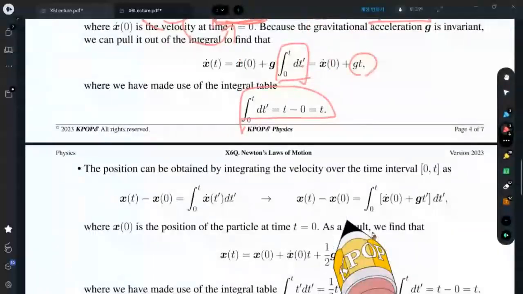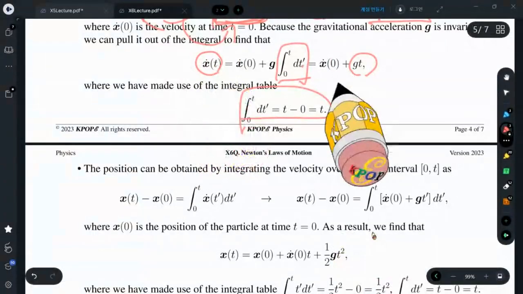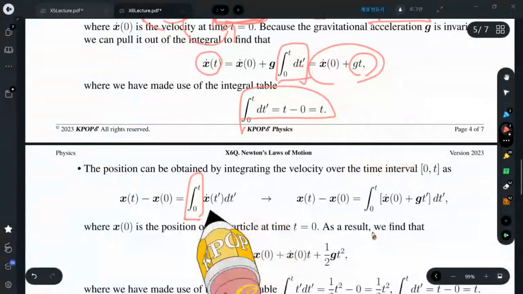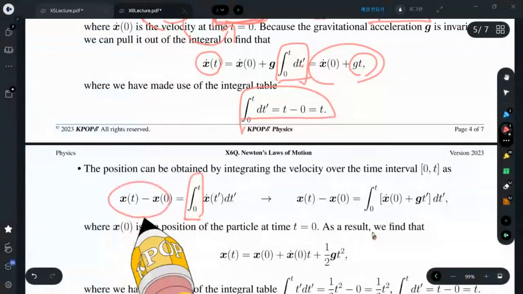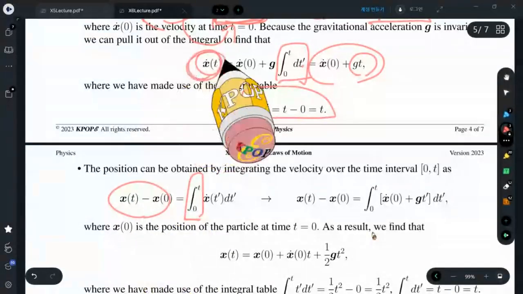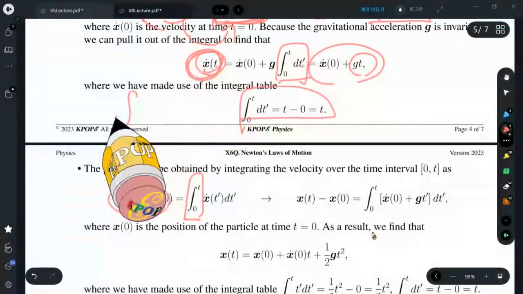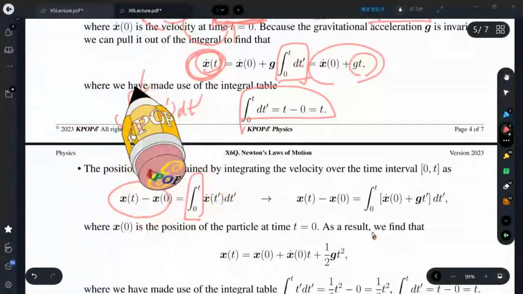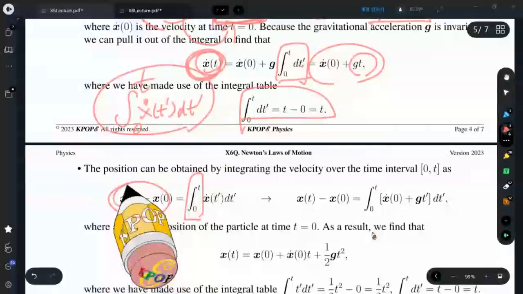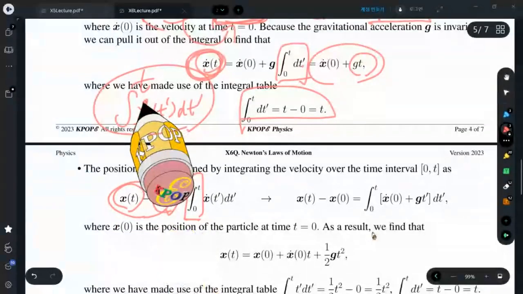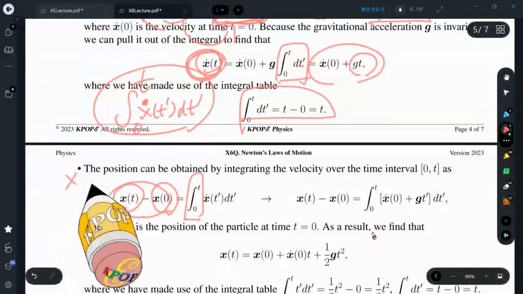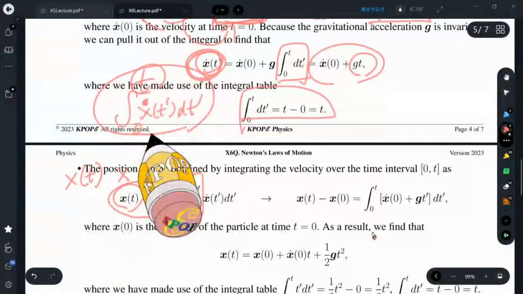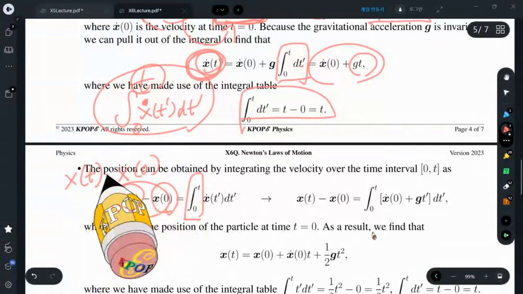We can still make another integration, applying the definite integral on the right-hand side and left-hand side too. And in here, this definite integral of x dot t prime dt prime from 0 to t is the displacement. Get rid of this dot: x, substitute the upper limit, substitute the lower limit, subtract.